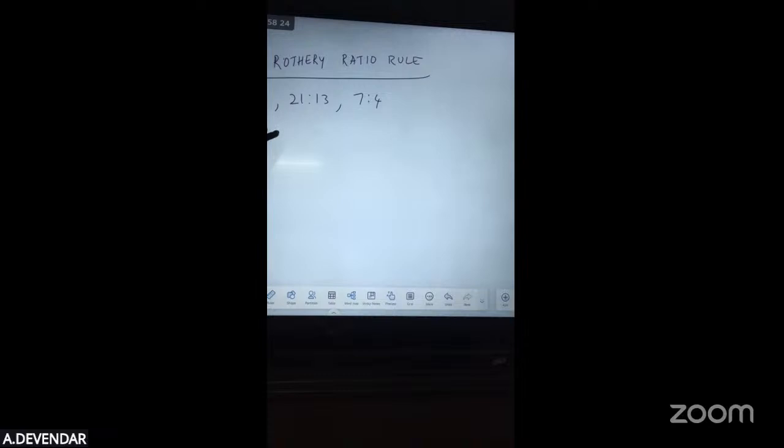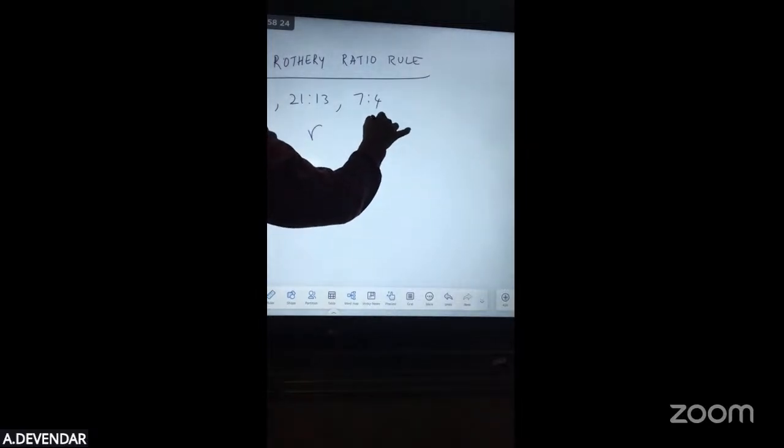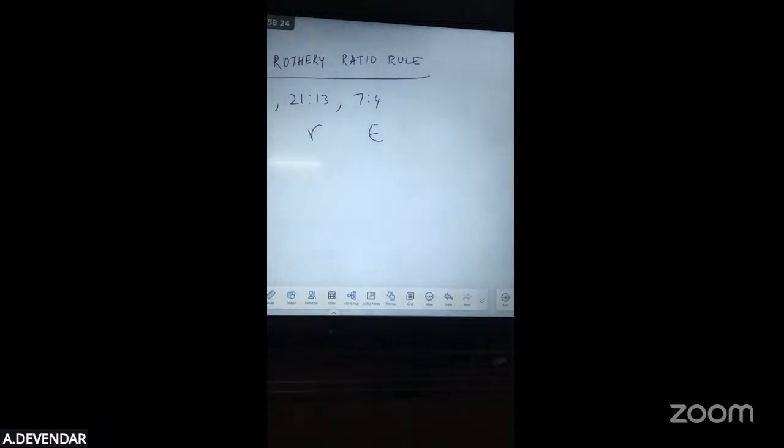This is the beta phase, the gamma phase, the epsilon phase. These are the three phases present in the Hume-Rothery ratio rule.